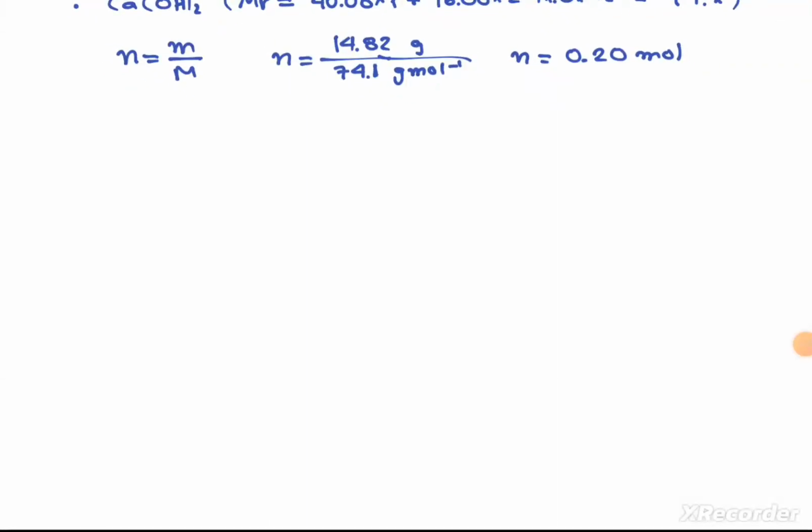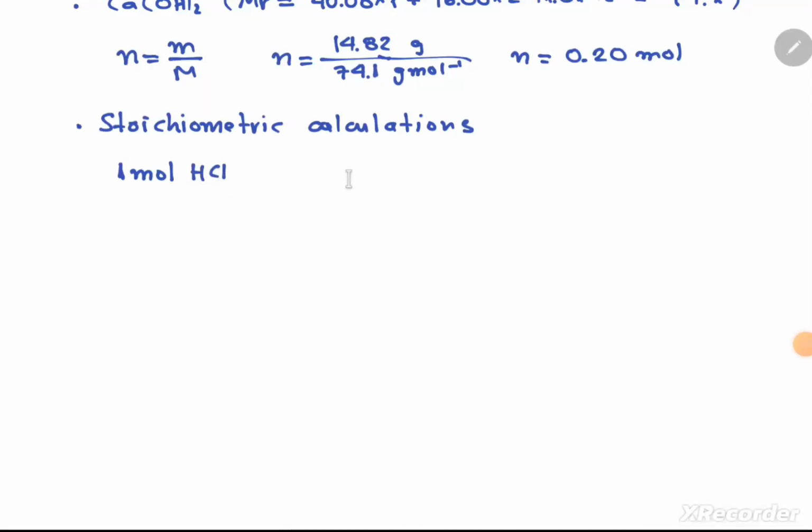And then we have the stoichiometric calculations for each chemical reaction. We have in the first 1 mole hydrogen chloride reacts with 1 mole sodium hydroxide.